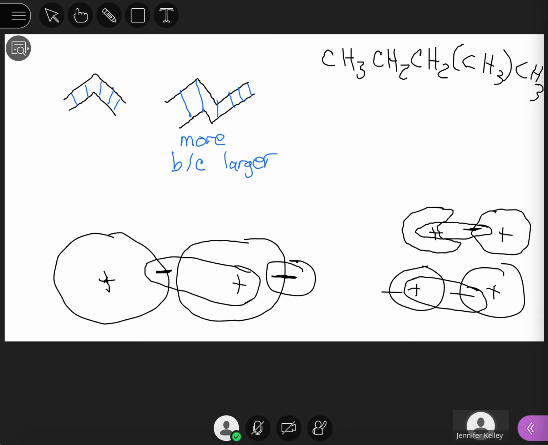All right, so back to this one up here. This one has a branch. I could tell it's a branch because it's in parentheses. There are two times they put these things in parentheses, so let me show you the two things they might do it for. Let's say you had something like this.